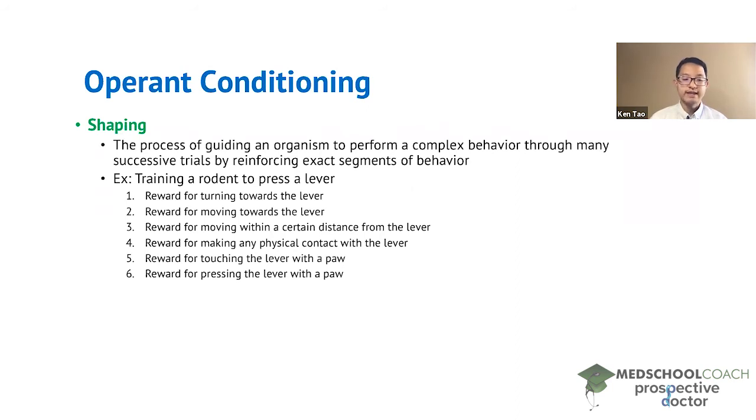So you'll train the animal on this step, and once it's mastered this step, then finally, the last step is you will only give a reward when the rodent presses the lever with a paw. So you can see here, over these many successive trials, you can gradually teach the rodent to perform a complex behavior such as lever pressing.